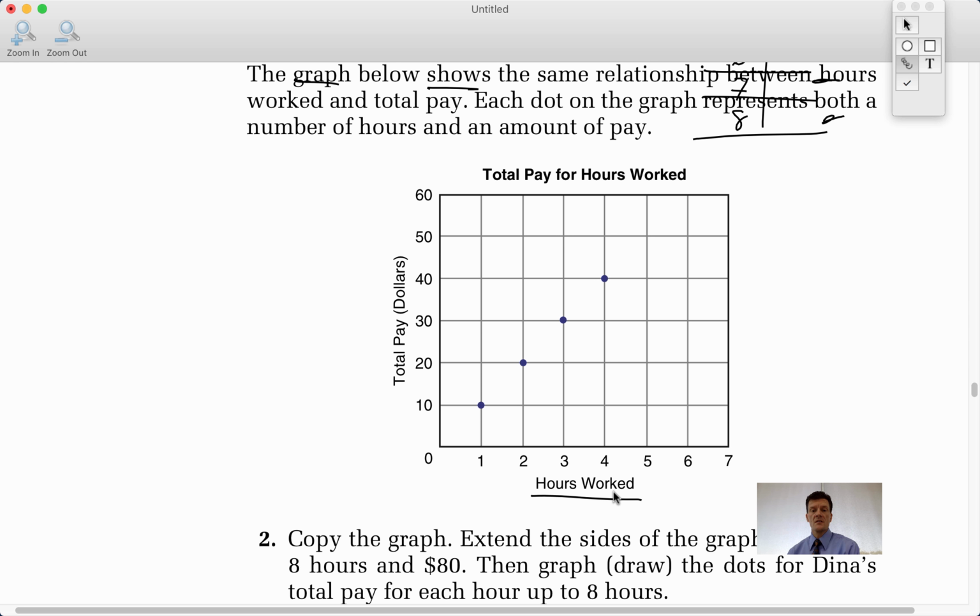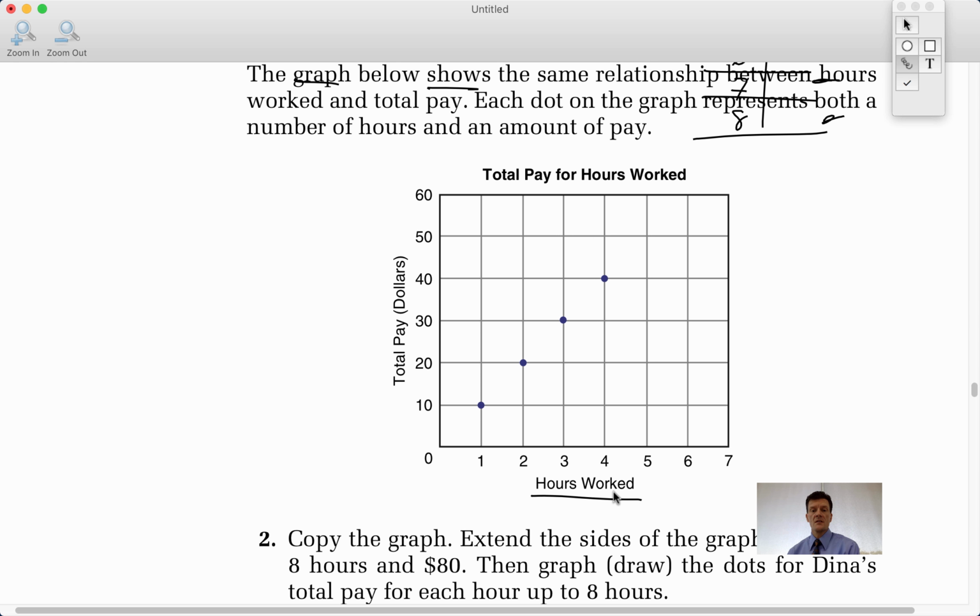And on the graph, I go and find out where those two values connect, where they basically meet. And I put a point there. If she works for 2 hours, she gets $20. So I take those two values, connect them, and put a point. 3 for 30. 4 hours, she gets 40. 5, she gets 50. 6, she gets 60. 7, she gets 70. That'd be up here somewhere if we continue this.